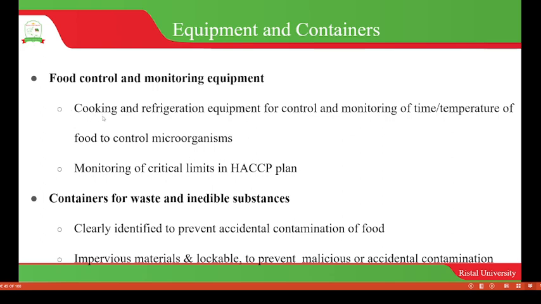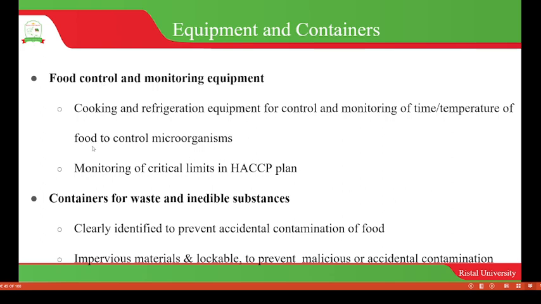Cooking and refrigeration equipment should allow for controlling and monitoring of time and temperature of food, and this is very important because it helps to control the growth and multiplication of microorganisms, so that the food is always kept away from the danger zone, which can encourage the growth and multiplication of the microorganisms.